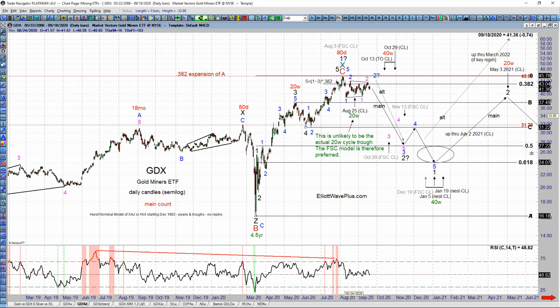Rather than repin it, I'm just going ahead and using the Hurst, and Hurst is saying that it's expecting upward movement from August 25 through into the second half of October. However, that is based on placing the 20-week cycle trough here, which I believe is a nonsense location. Where should it go? I don't know. I've been talking about this for a long time.